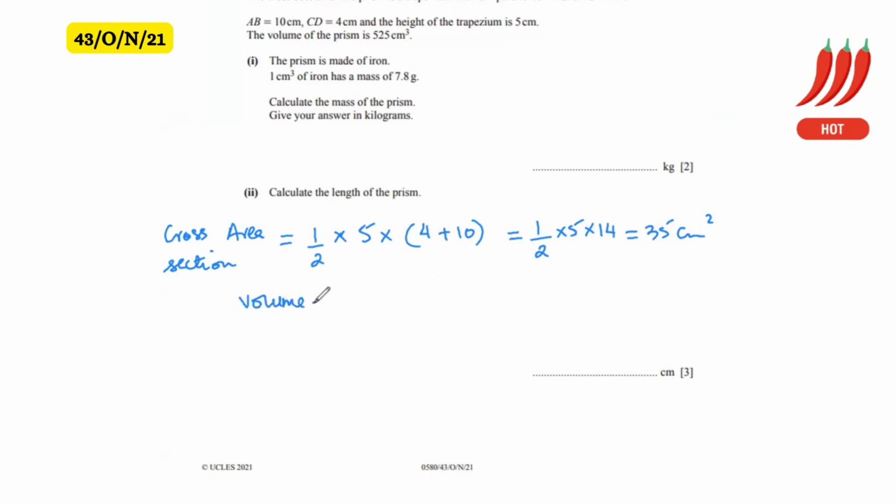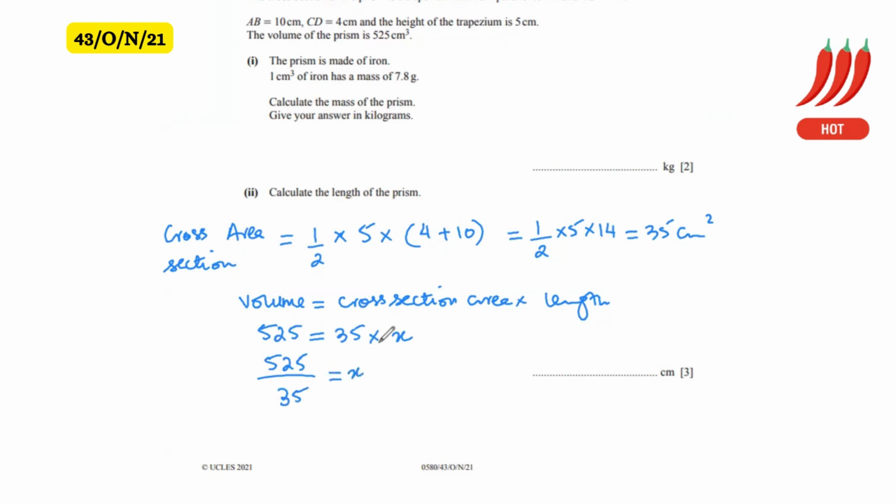Volume is cross-section area times the length. So that's 525 equals 35 times x. 525 divided by 35 is going to give us the length, which is 15 centimeters. That is the length of the prism.